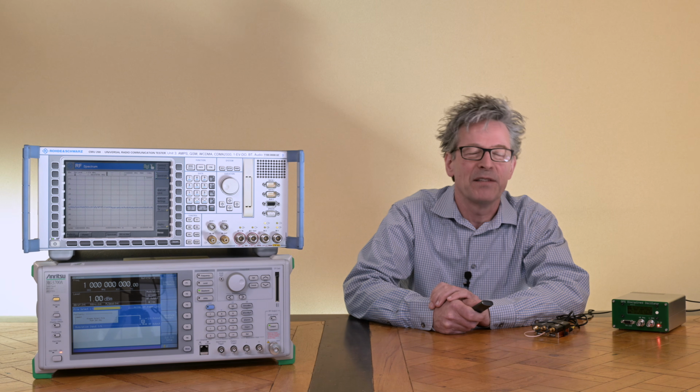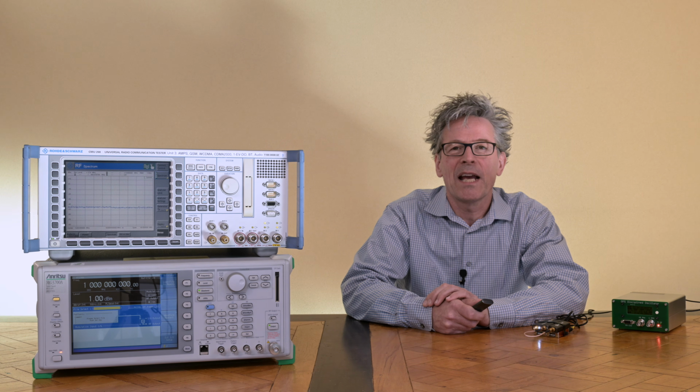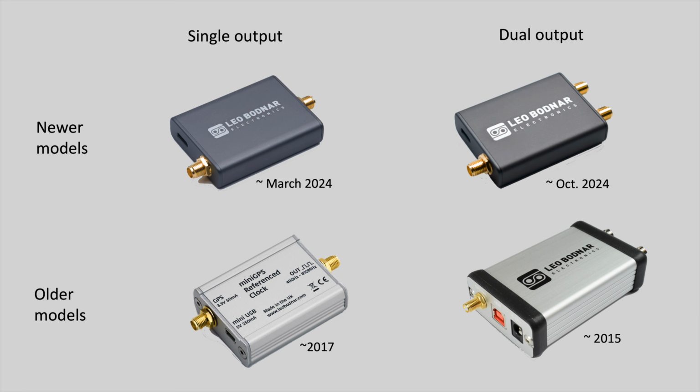Now let's go and talk a little bit about the different type of devices that Leo Bodnar offers, what I eventually bought. So he has two new models that came out just in the last year somewhere. And he also has some older models, of which the most original one came out in 2015, and a little bit later a small single channel version came out as well.